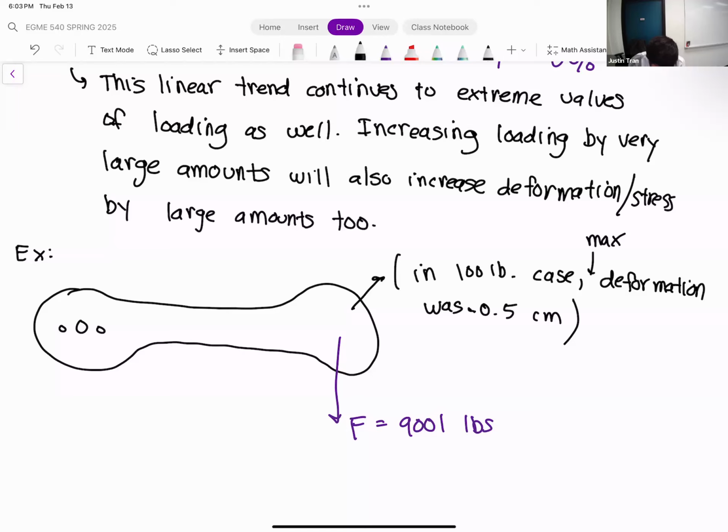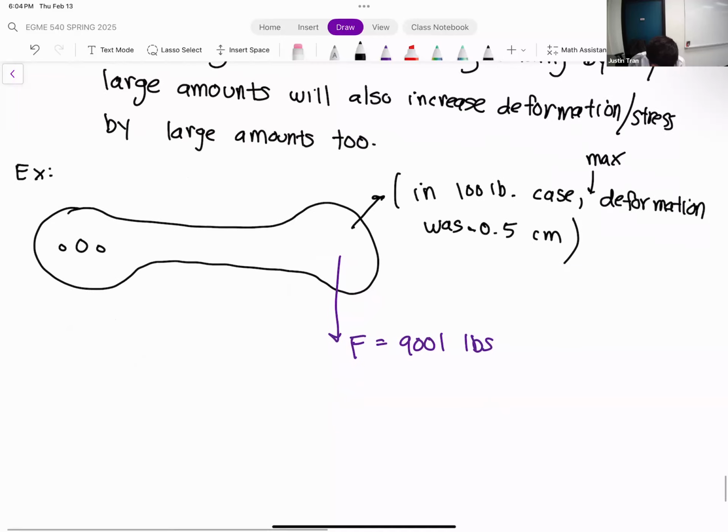Right, and so if that's the deformation we got in the 100-pound case, it stands to reason, for a linear material, when we apply 9,001 pounds on it, then our deformations would be 90 times that. So under this case, max deformation, 90 times 0.5, that's 45 centimeters.